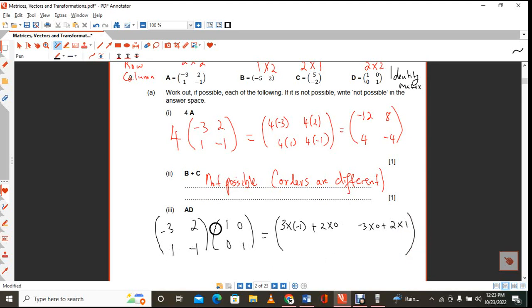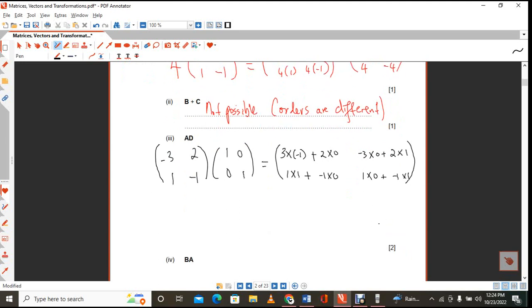Then you start 1 times 1, plus -1 times 0, and then you have 1 times 0 plus -1 times 1. Okay, so let's clean that up and see what is it that we are getting.